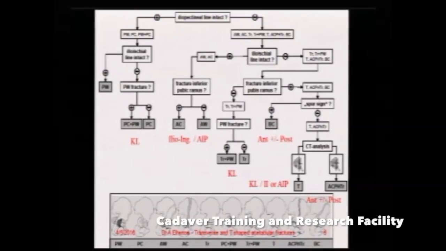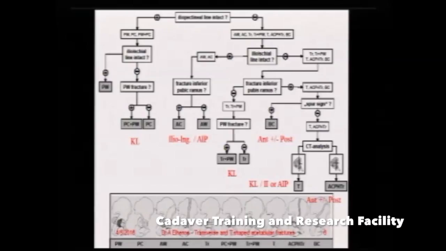So next thing we see is the ilioischial line, and the ilioischial line is a statement of the posterior column. So if the ilioischial line is intact and the iliopectineal line is intact, that means the columns are intact. The only thing left to be damaged is the wall, right?